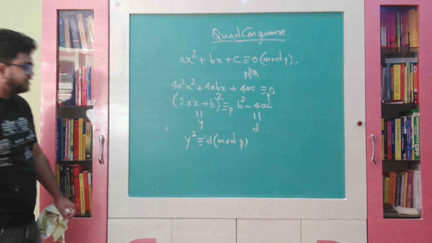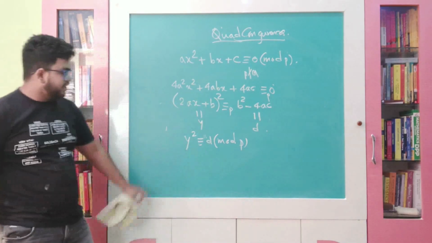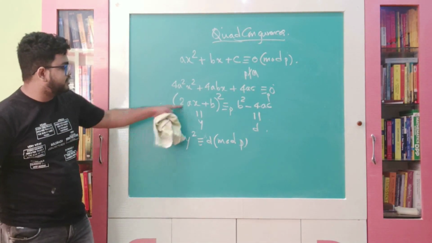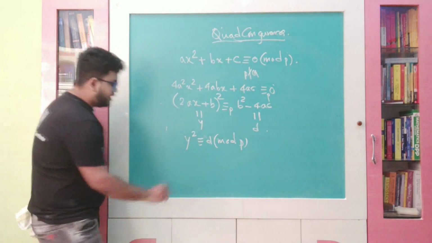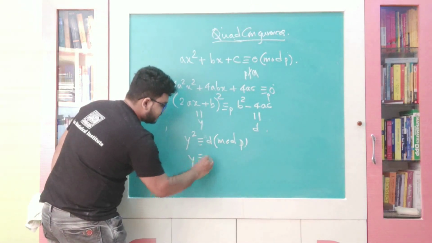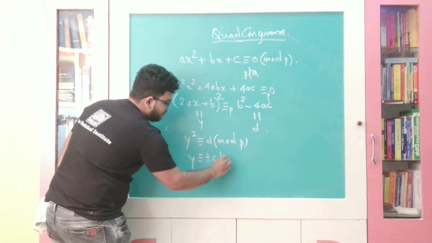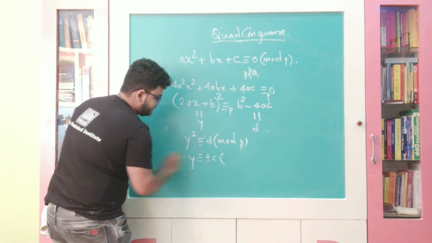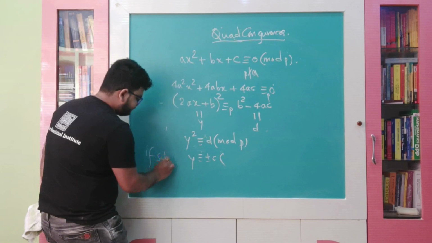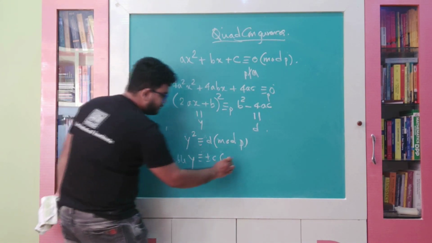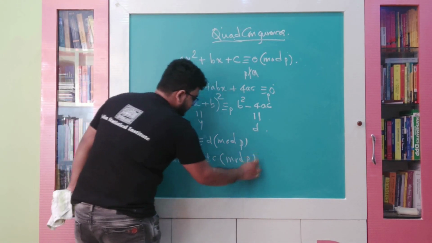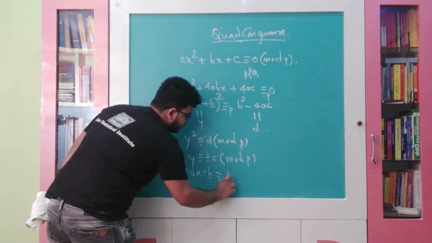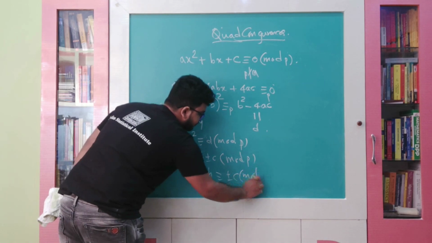If we can solve this equation for y, the original equation reduces to a form 2ax plus b congruent to plus or minus y mod p.